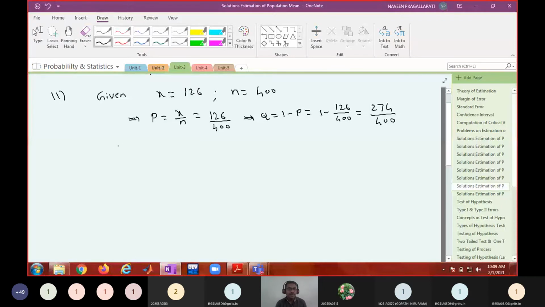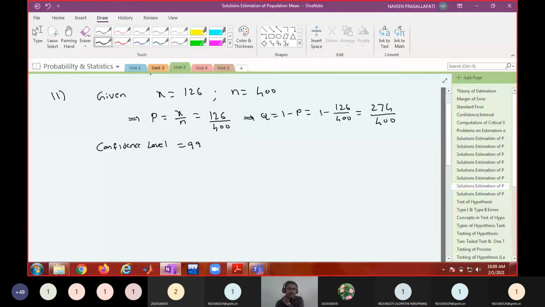What is the confidence level given? 99%. That means the level of significance alpha equals 1%, that is 0.01, which implies alpha by 2 equals 0.005.